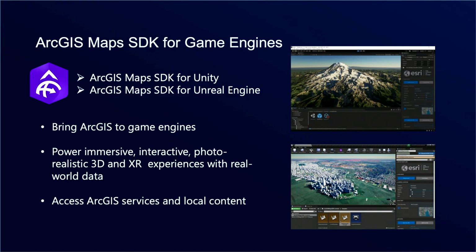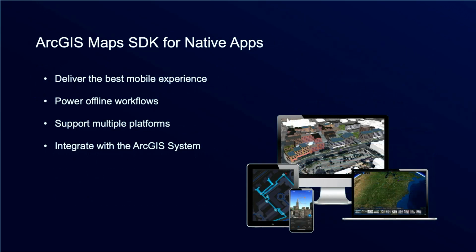So this is a real SDK, whereas City Engine has a plugin where you can easily connect and transform your information into a game engine world. The SDK for game engines we also have for the native apps, so like Earth and all those apps which are out there from our end can also use the SDKs to create the best mobile experiences and create your kind of workflows on top of those.